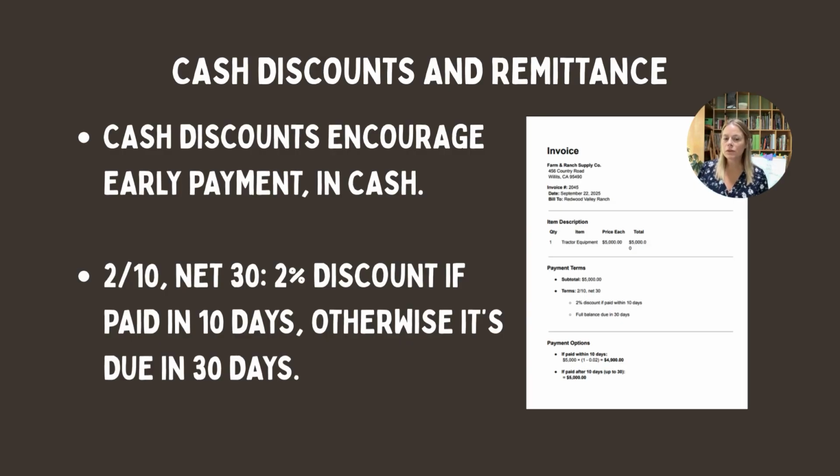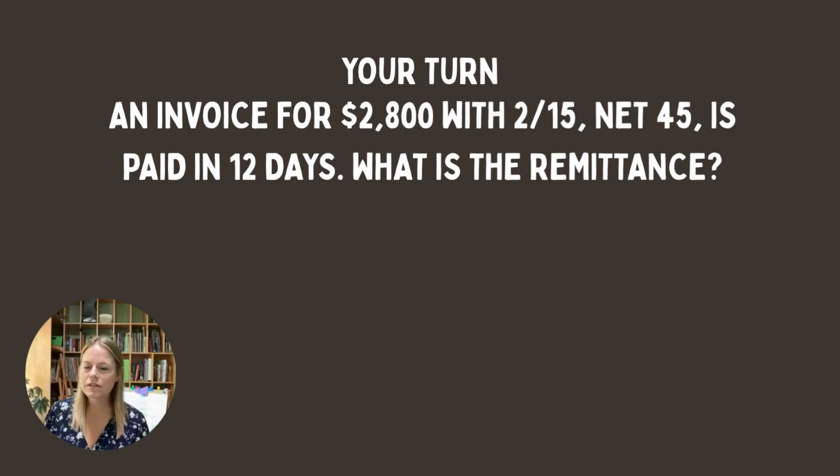If you only pay $2,000 early, then you put the number into the formula, and it comes out to 2,000 times 1 minus 0.02, which is $1,960. An invoice for $2,800 with 2/15, net 45 is paid in 12 days.